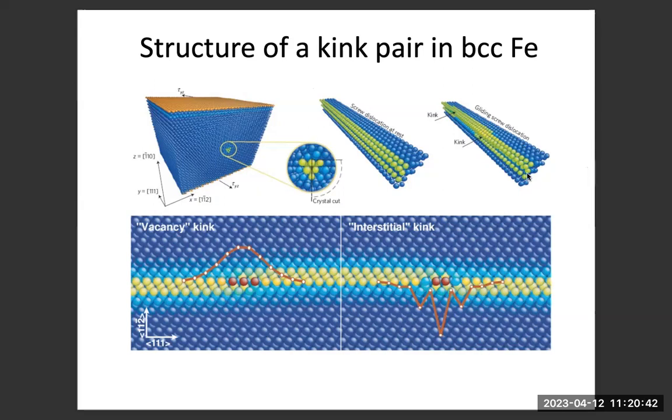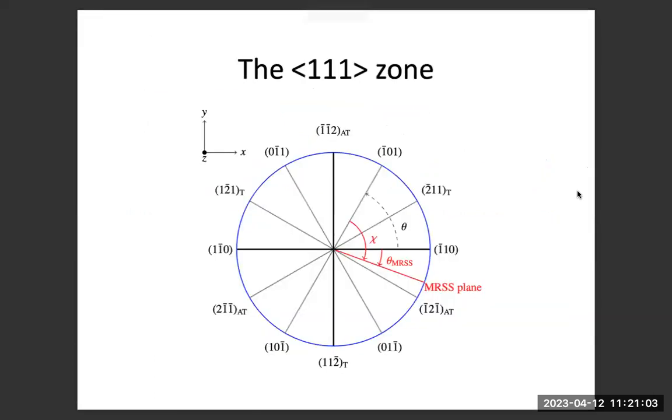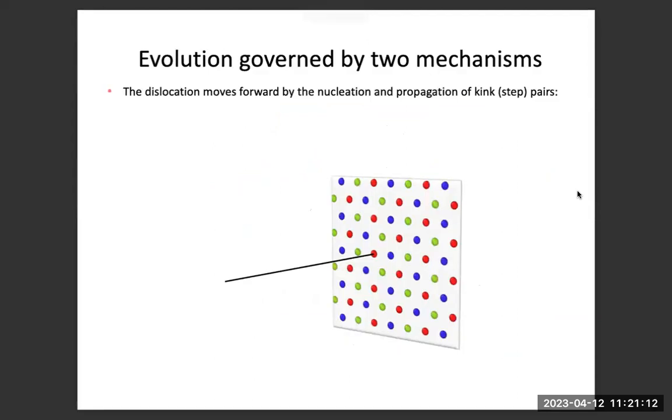Then the rest of the dislocation will go to the other energy state and complete the formation of the whole screw dislocation. Don't forget, while forming these kinks, we have edge components too. Perfect. We have Burgers vector always 1, 1, 1. And this is the 1, 1, 1 zone.